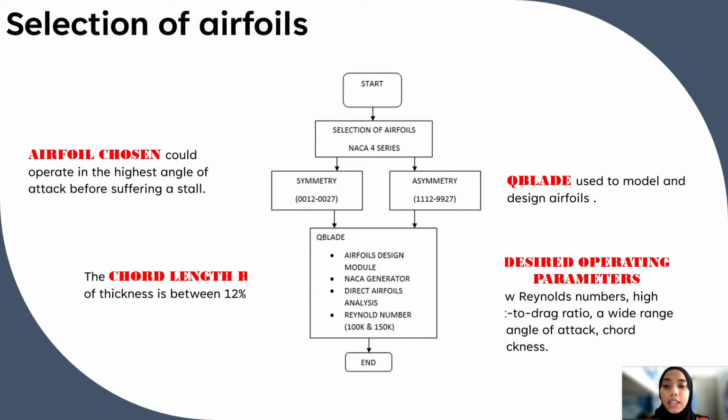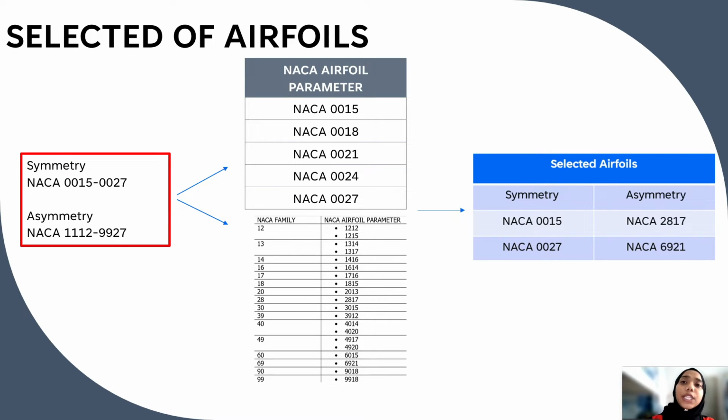The selected airfoils will be used to perform more extensive physical experiments after being filtered by using the QBlade software. So the QBlade will be used to model and design the airfoil. For the selection of airfoils, it starts with a large number of airfoils before being filtered by using the QBlade software.